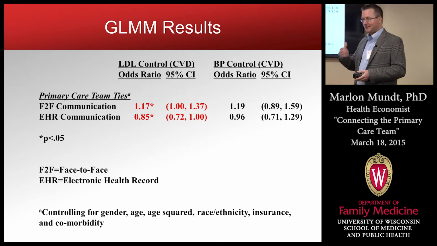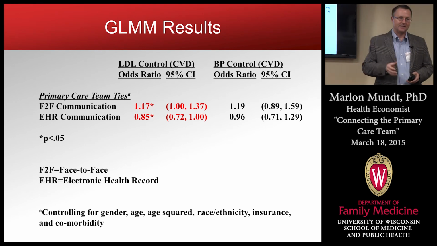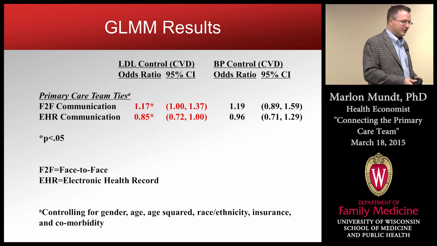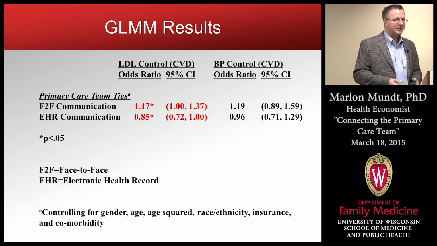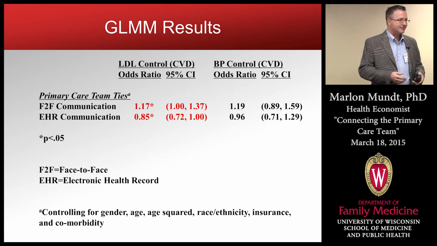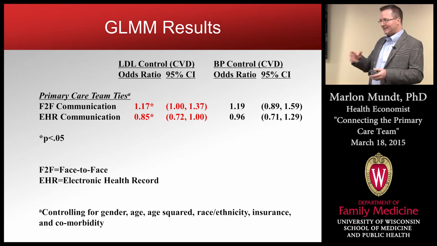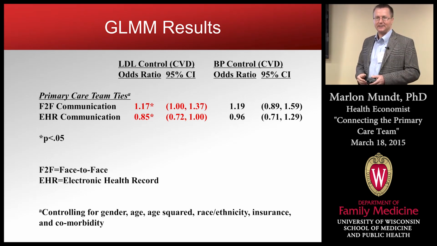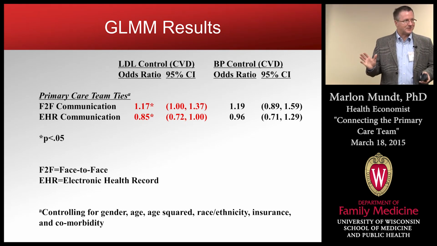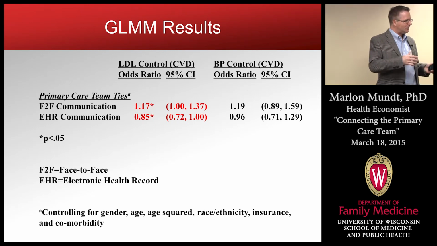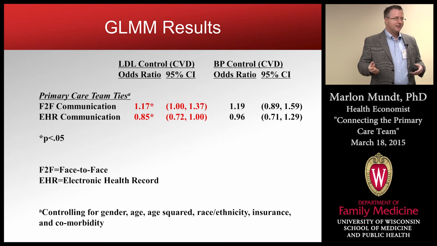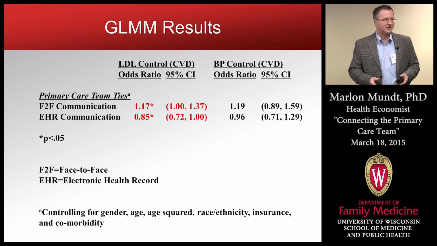I found that it does in general: higher density of connections is associated with fewer emergency and hospital visits, fewer urgent care visits, and better control of LDL and blood pressure. And in general, less centralized networks were associated with better patient outcomes. So that was the first step, to look at overall whether there appears to be a link between density of connections and patient outcomes.